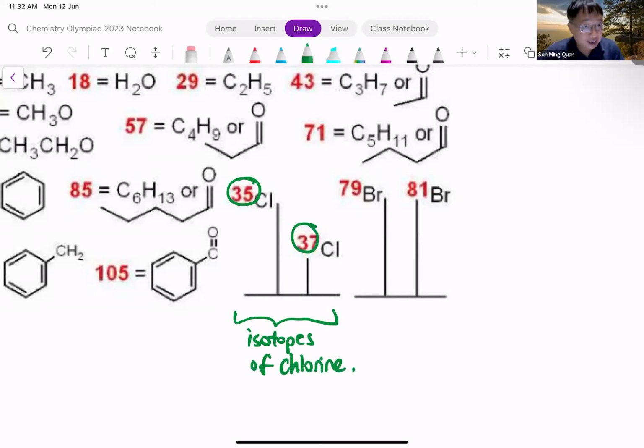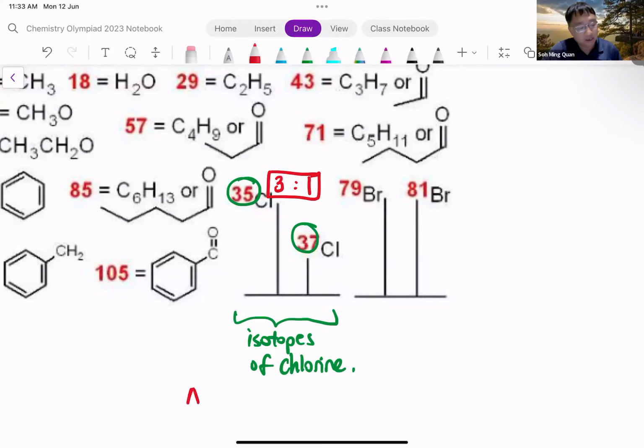And you will see that the height of the peak is about 3:1. That means the height of chlorine-35 is about 3 times higher than the peak due to chlorine-37.